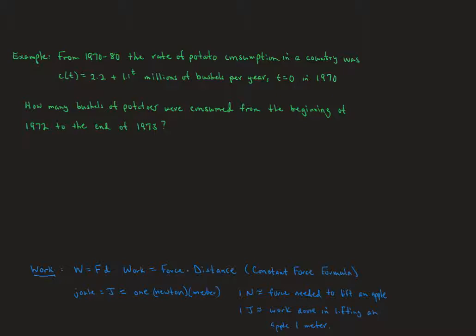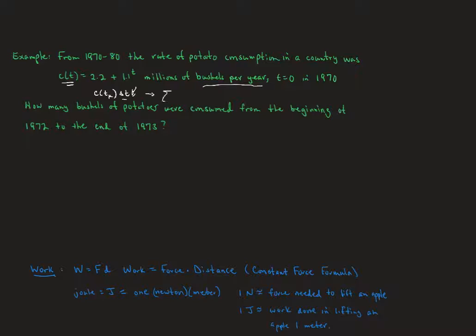So the potatoes consumed, this is a rate right here because that's in millions of bushels per year. So we're going to take the consumption at some moment in time, and then times a little delta t, so that when we multiply that little bit of years times the bushels per year, we're going to get the bushels of potatoes consumed over that small increment in time.